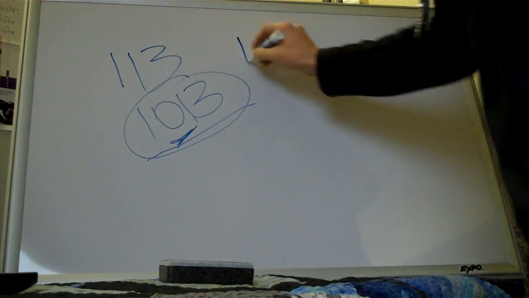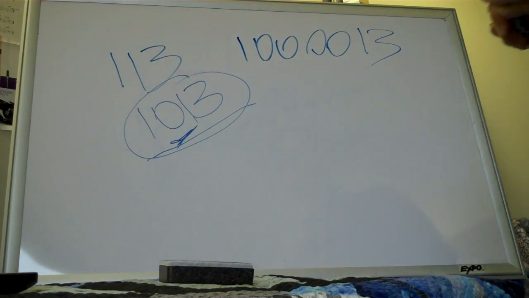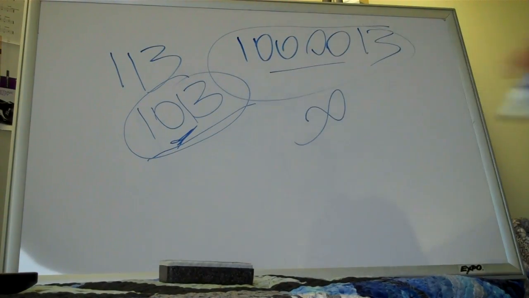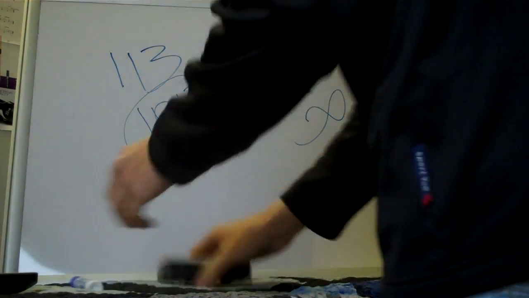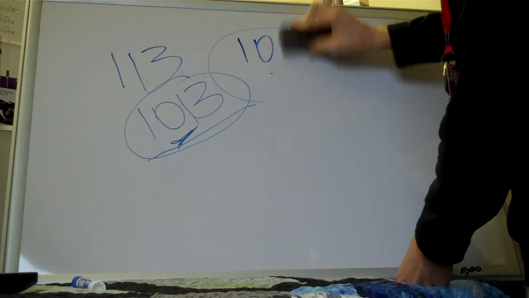So I can just keep adding zeros infinitely. This is the sign for infinity, by the way, just a little sideways 8. I could just keep adding zeros, and this number will still stay prime. So that's my theory of how there's infinite prime numbers. That 0 keeps the numbers prime the same.